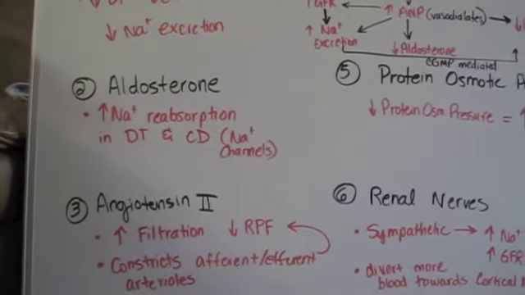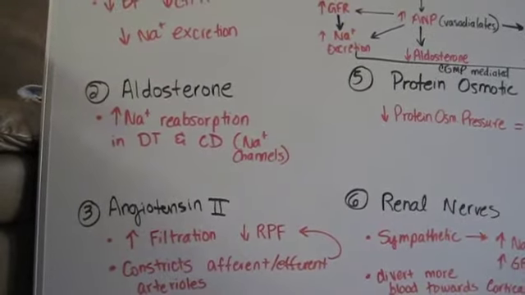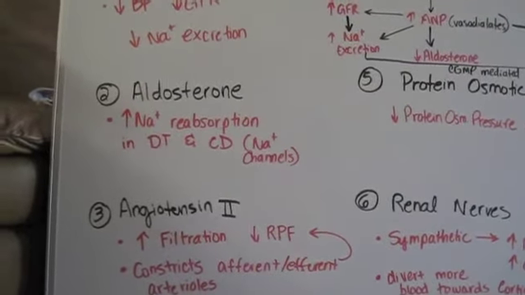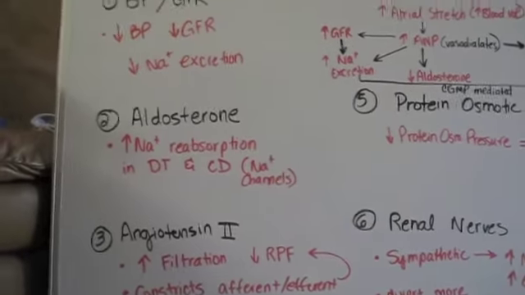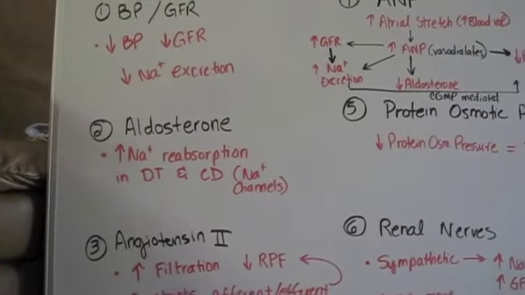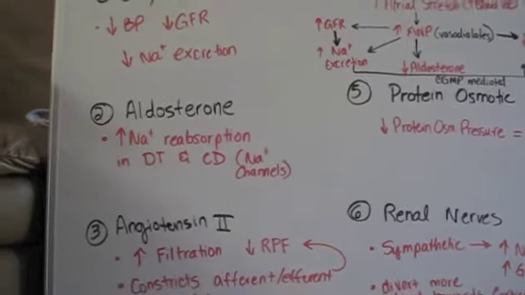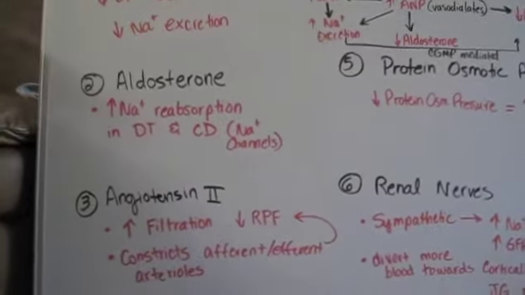And that's going to bring water along with it, because we're increasing the osmotic pressure. We increase water, and we regulate sodium. We increase the blood volume. That's one way, because we know aldosterone is going to help us increase blood pressure. So this is one way that it does that.